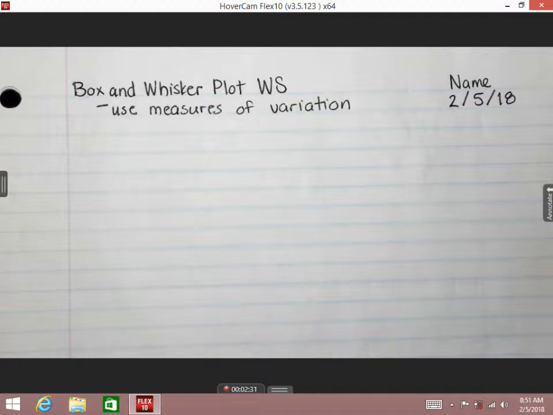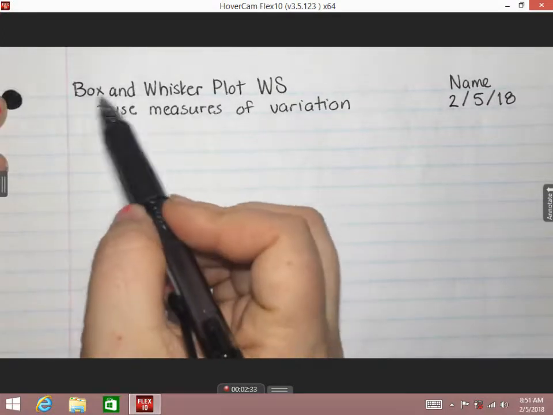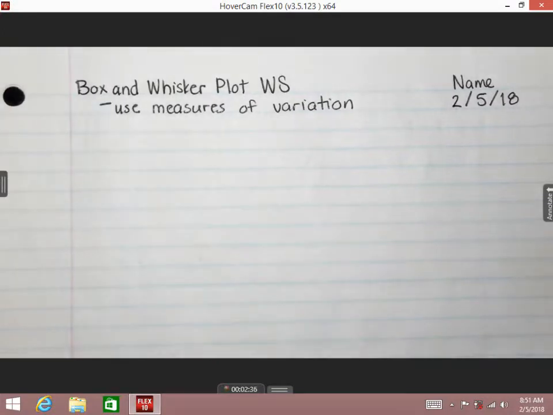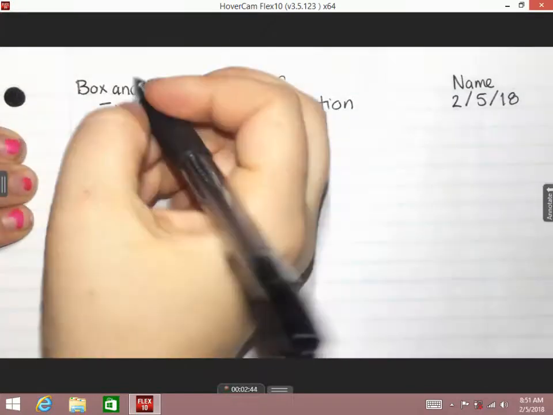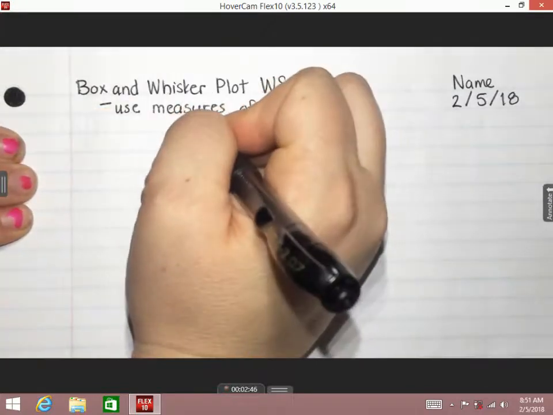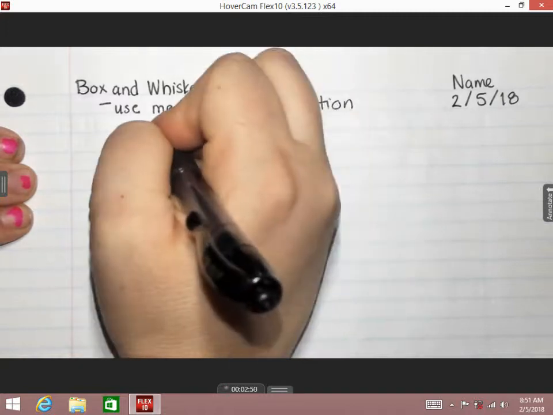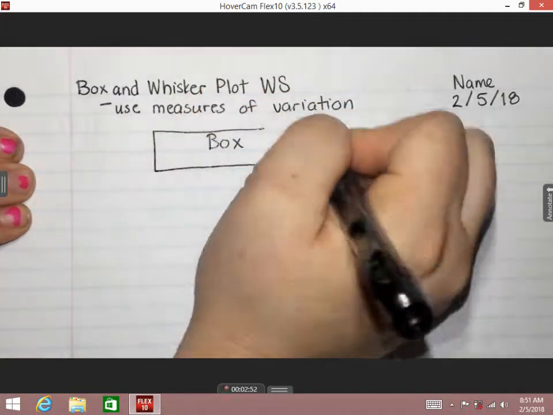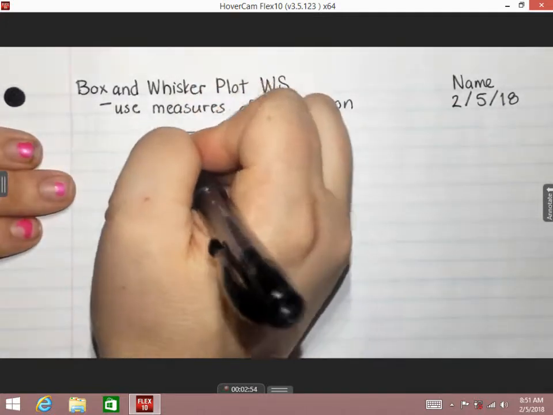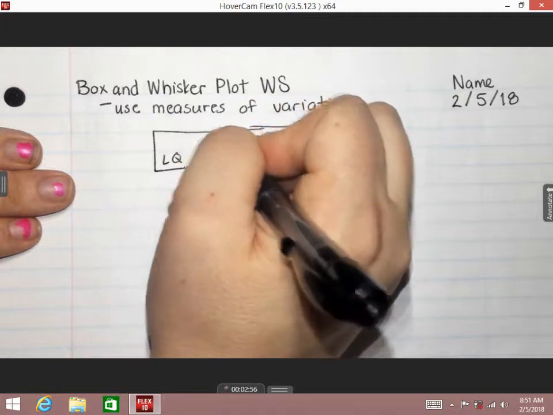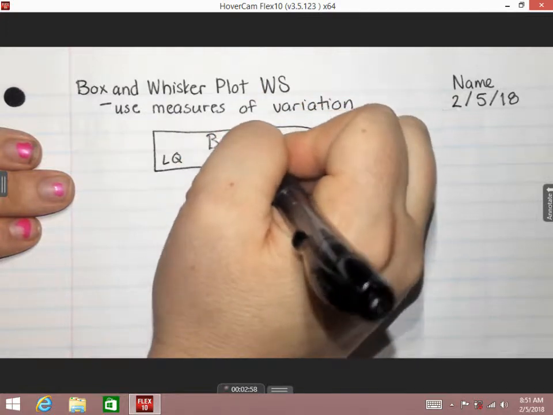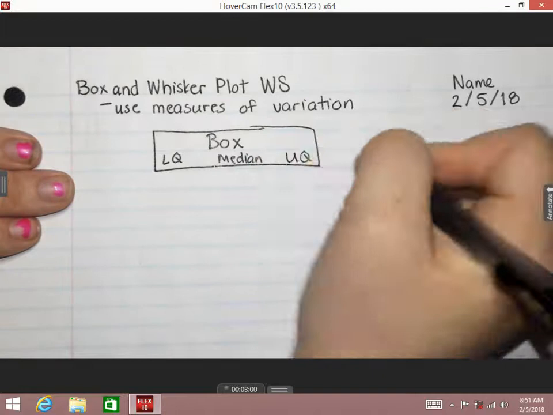So guys, when we're creating this, it has two pieces. We have the box, and then we're going to have two whiskers. Guys, they literally look like, if you think about a cat, they have their face, and then they have the whiskers going out to each side, right? So when we make this, guys, your box is going to be comprised of your LQ, your median, and your UQ.